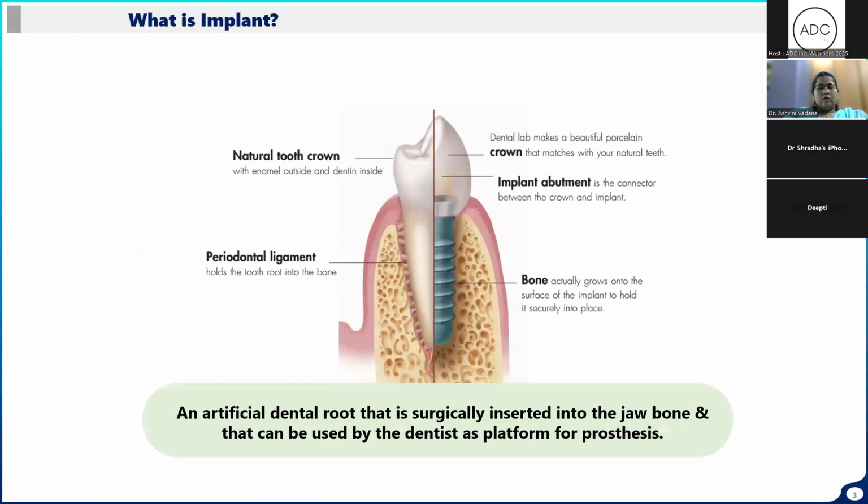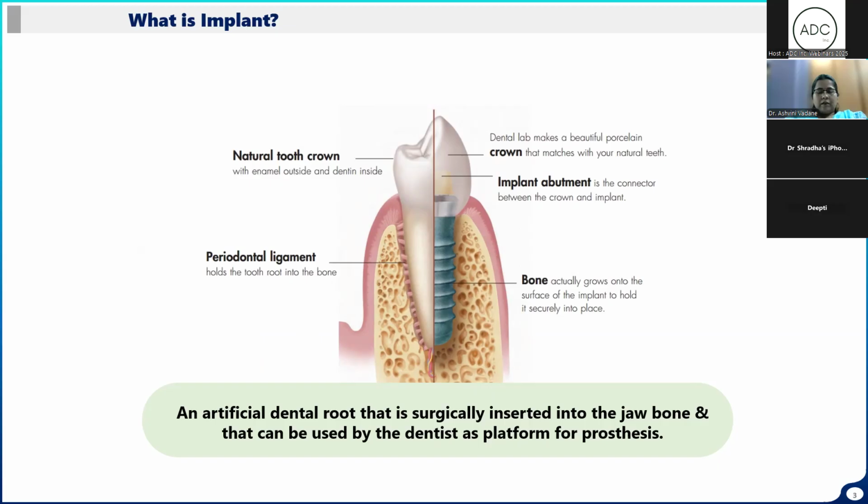Now, is this slide visible? Yes, the tooth and implant. This picture is about understanding what is the dental implant. The tooth is divided into right hand side and left hand side.